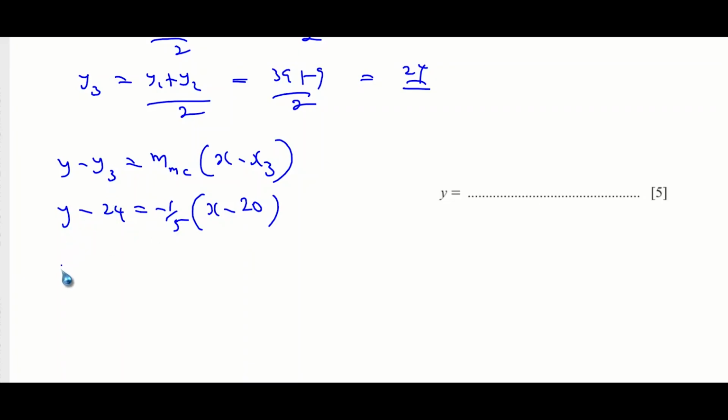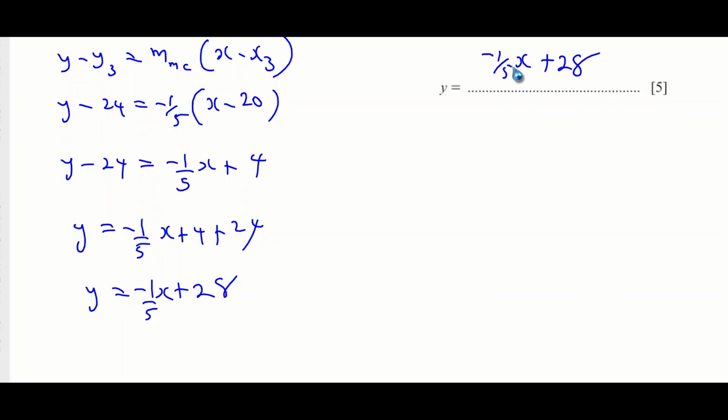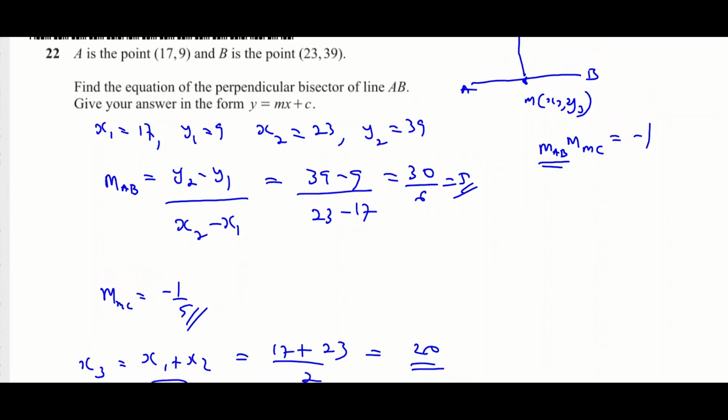We can expand this: y minus 24 equals -1 over 5x, then minus times minus is plus, so 1 over 5 times 20 will be 4. I can rearrange: y equals -1 over 5x plus 4 plus 24. Finally, y is equal to -1 over 5x plus 28. So that is the equation of the perpendicular bisector of line AB.